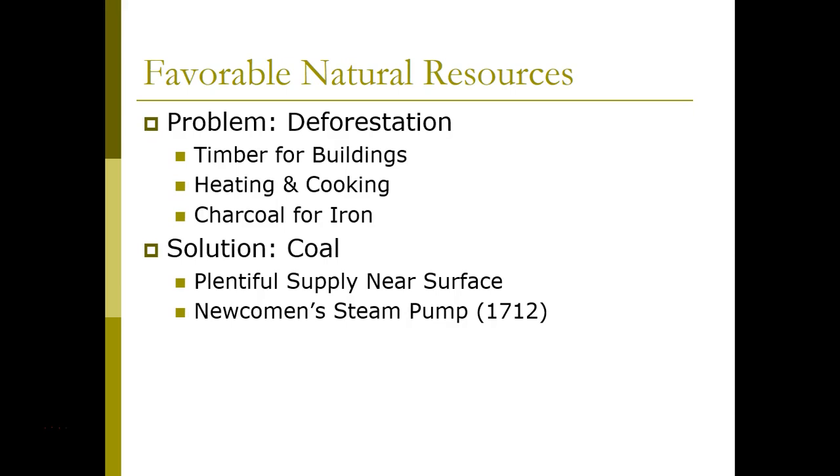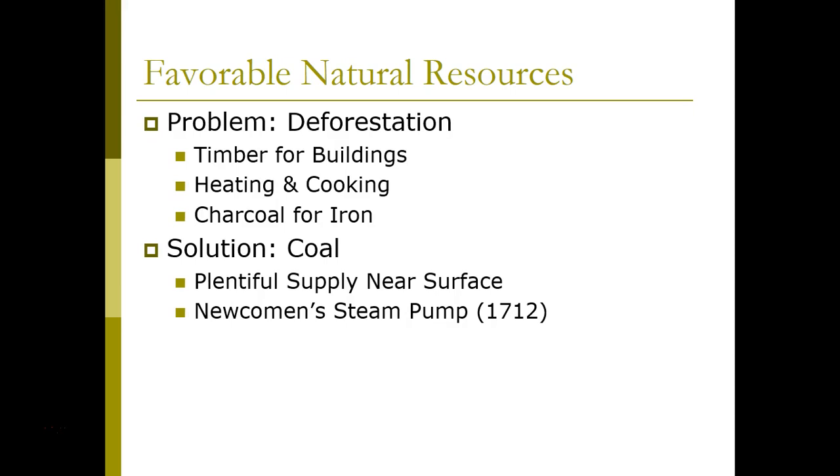Once the coal at the surface is gone, you've got to dig deeper to get there. Well, you dig deeper and you're eventually going to hit a water table and it's going to flood, and then you can't dig out any more coal. The steam pump allows that water to get pumped out, which allows the miners to dig deeper to get more coal out.